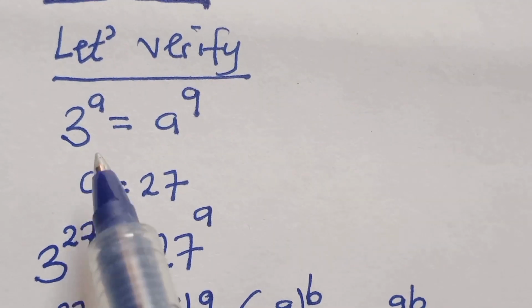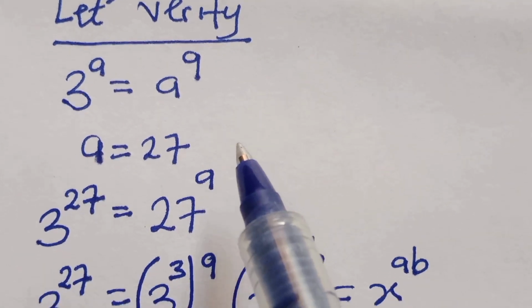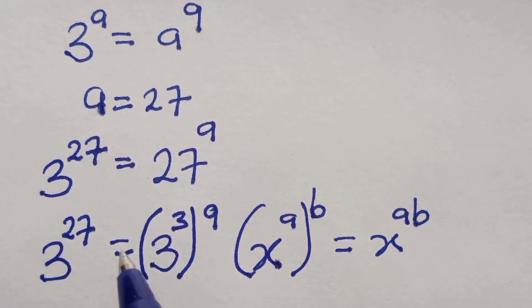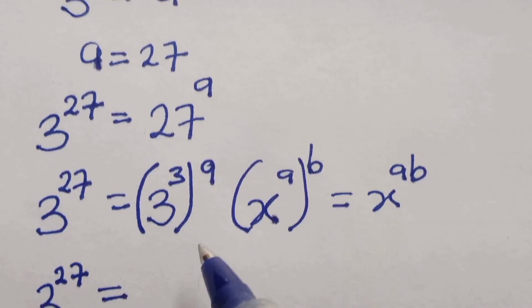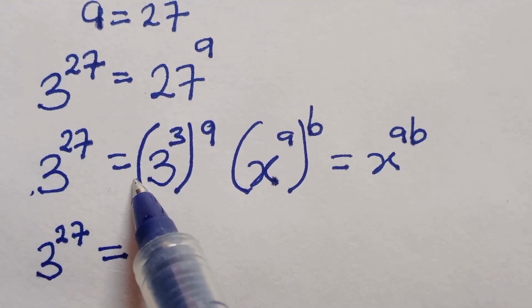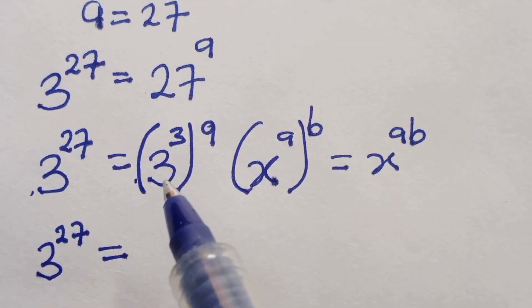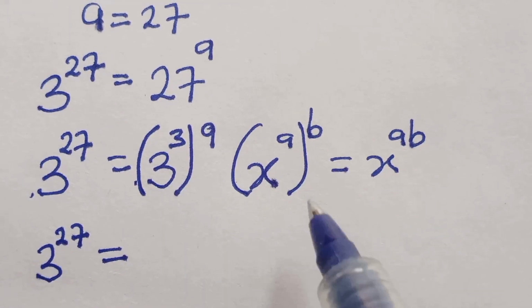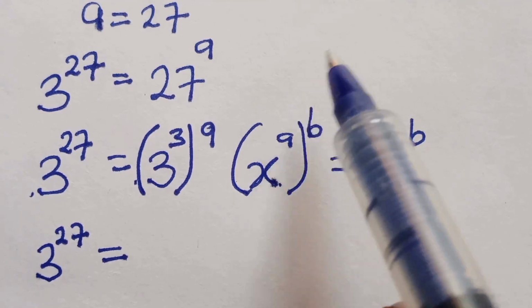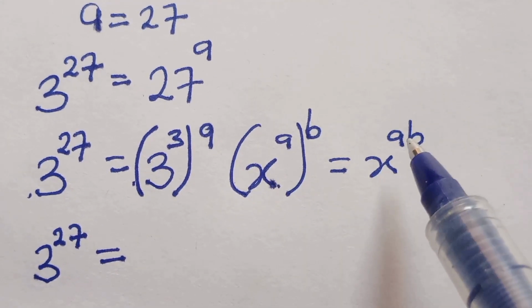So we have 3 raised power a equal to a raised power 9, and since the value of a is 27, we've substituted for the value of a, that is, we have 3 raised power 27 now equal to 27 raised power 9. So 3 raised power 27 is equal to, because we can convert 27 to 3 raised power 3, so therefore everything 3 raised power 3 now raised power what? 9. And don't forget, we have x raised power a, everything close bracket b. You can simply write it as x raised power ab.